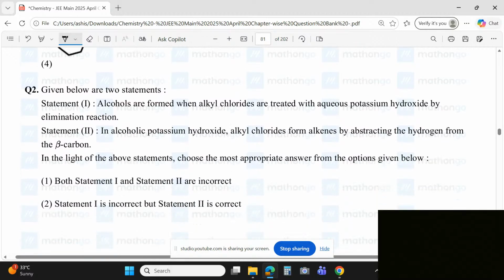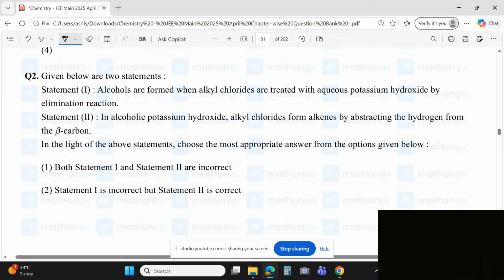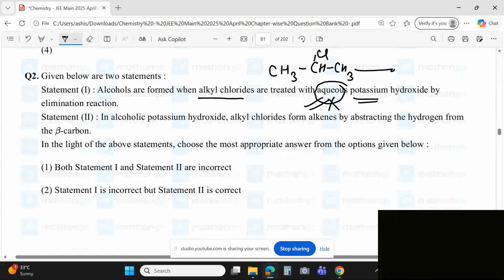Next one is given below, the two statements. Statement 1 is: alcohols are formed when alkyl chlorides are treated with aqueous KOH by elimination reaction. When alkyl halide reacts with aqueous KOH, aqueous OH minus ion is surrounded by water molecules, so it's not bulky, and a base should be bulky.